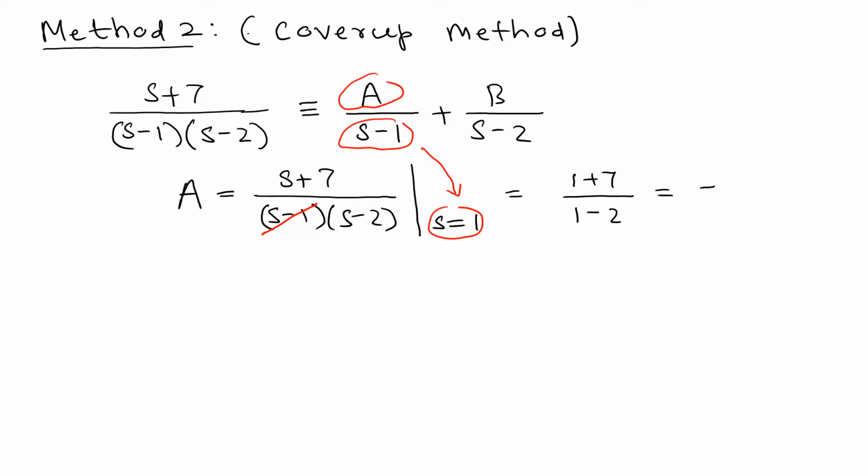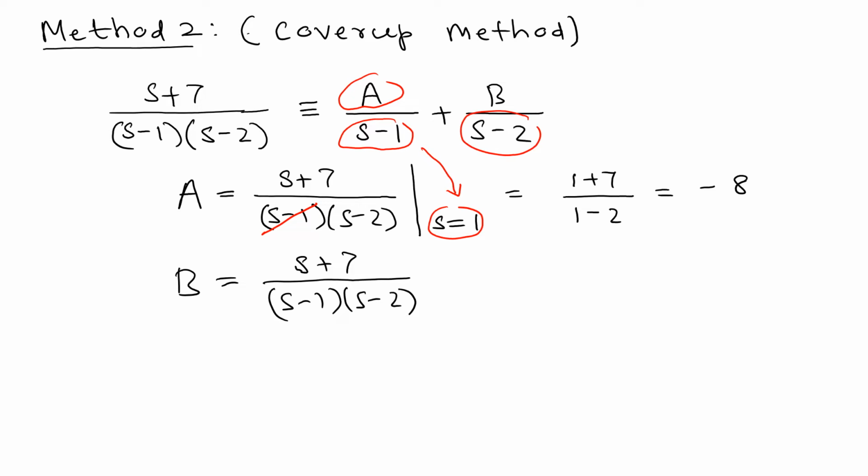Similarly, you can also find the other one. Let's see how to get b. When you want to find b, we're going to cover up. So it's s plus 7 over s minus 1, s minus 2. Now we cover up the s minus 2 term, and for the rest of the term, we plug in s equal 2.